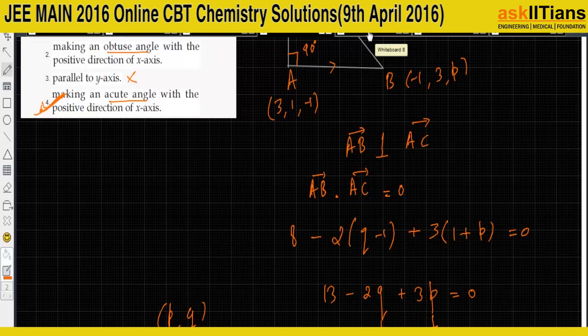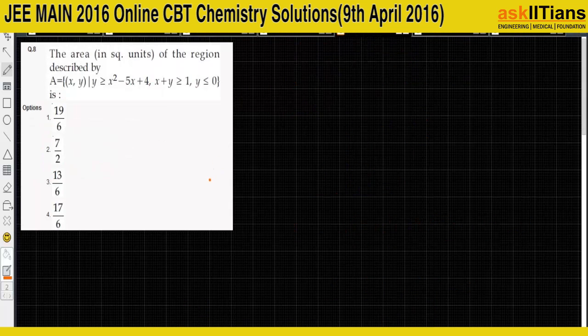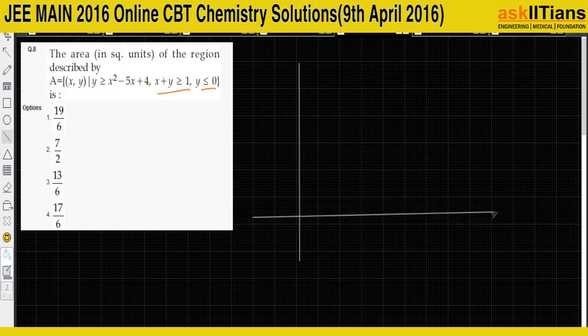Now question number 8. Question number 8 is from area. So we have one parabola and two straight lines. In questions like this, you always plot the region first. So let's plot this region. This is the y-axis and x-axis. There is a parabola which is y equal to x square minus 5x plus 4.